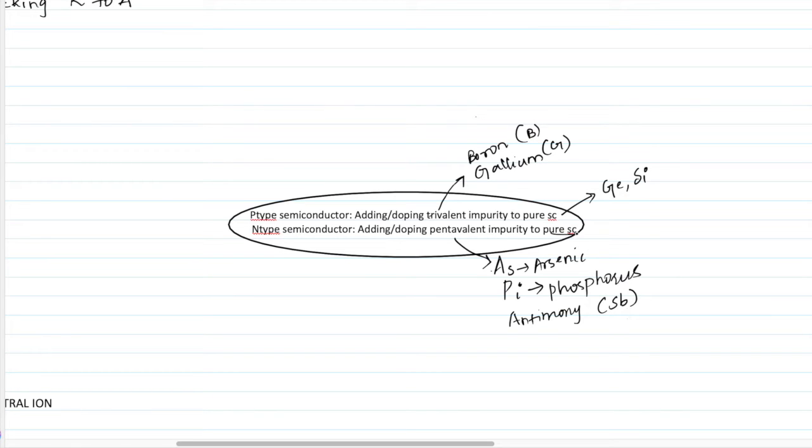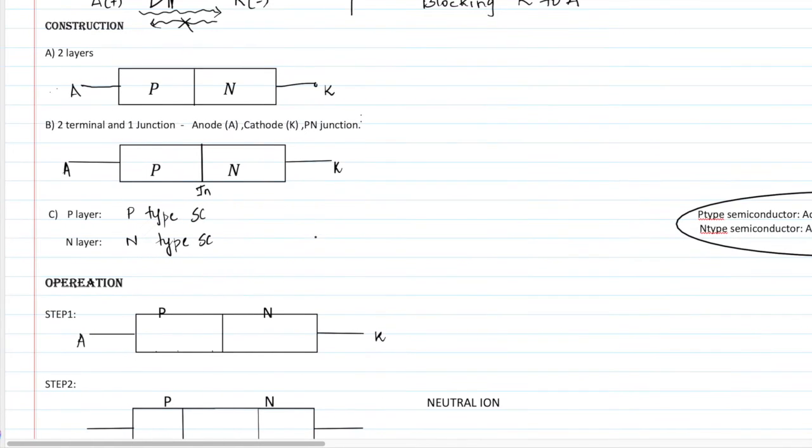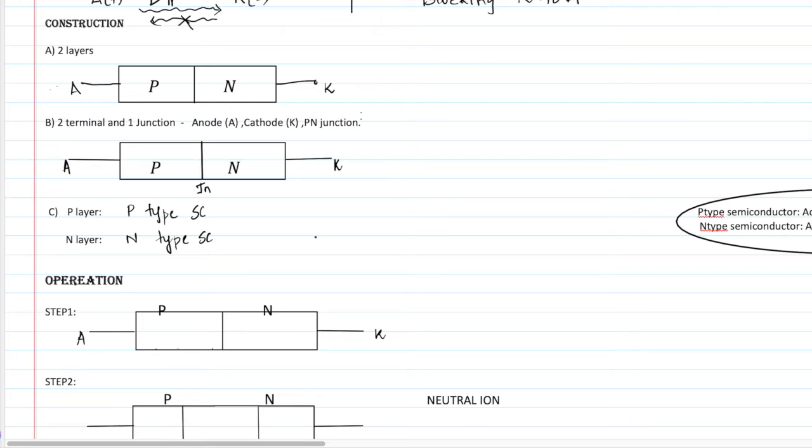If you are adding to pure semiconductor, that is the same germanium or silicon, then you will get an n-type semiconductor. Just you need to add an impurity to pure semiconductor. Based on the impurity, whether it is pentavalent or trivalent, you will get a p-type or n-type semiconductor.